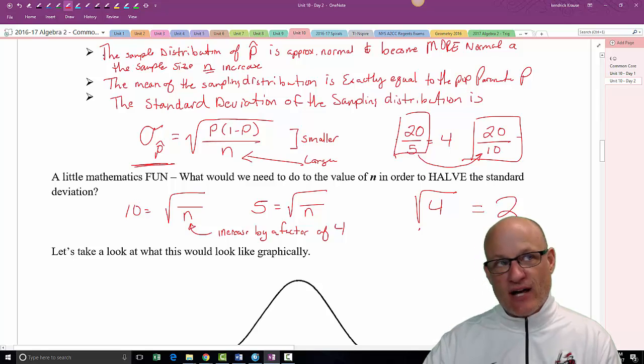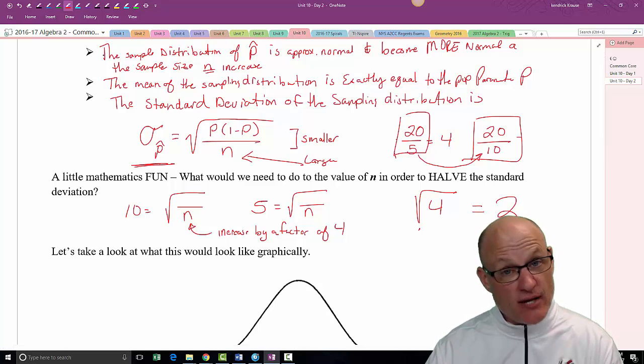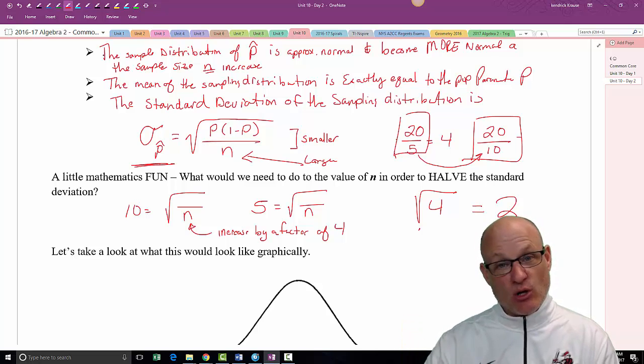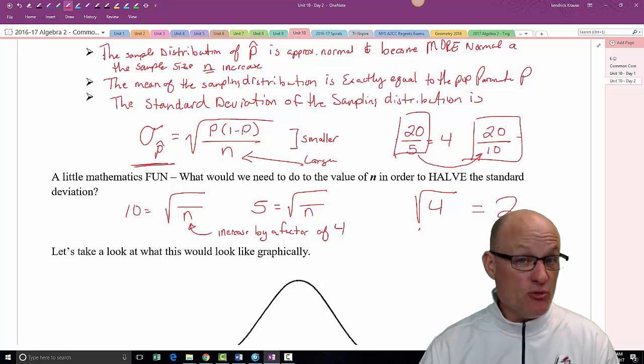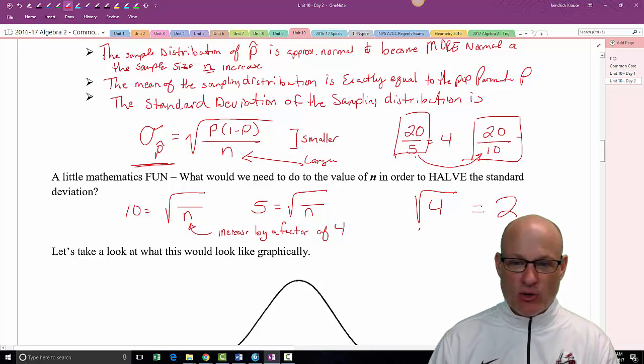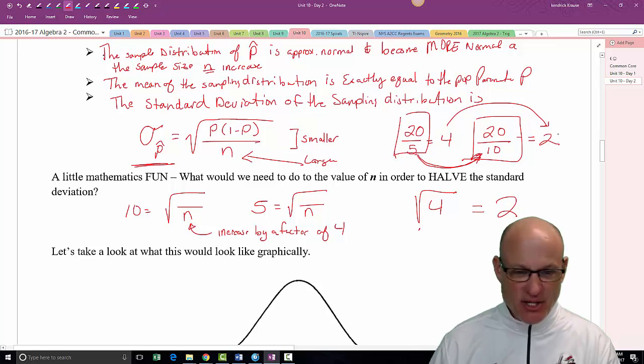I'm dividing by a number that's 4 times larger, and if you take the square root of that, it's really only 2 times larger. And so if you're dividing by a number that's twice as big, going back to this example, you cut your standard deviation in half. A little bit of math fun.